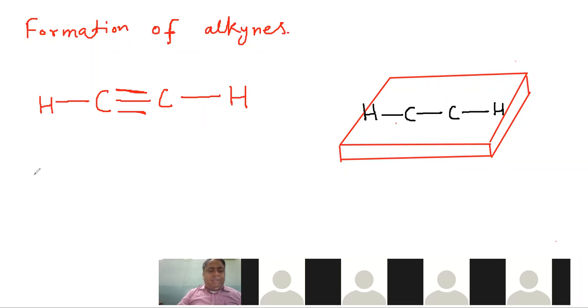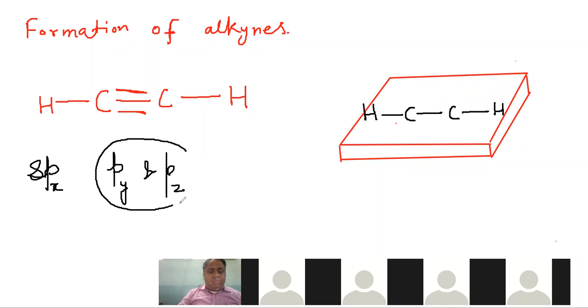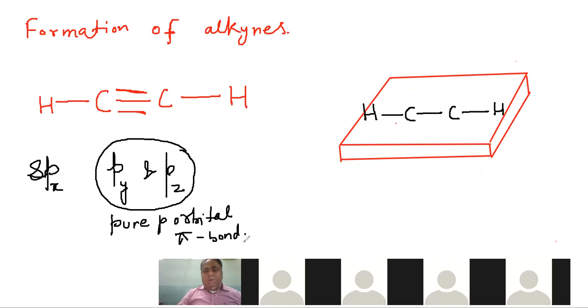If it forms sp hybrid orbital, then px is used, and py and pz will be pure p orbitals, which can form pi bonds. Now, one pi bond we have understood very well.